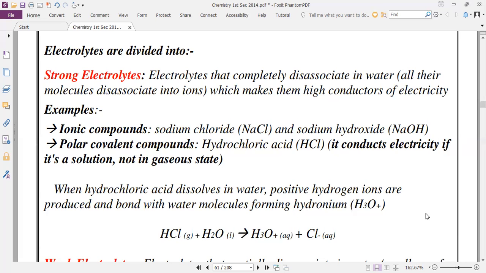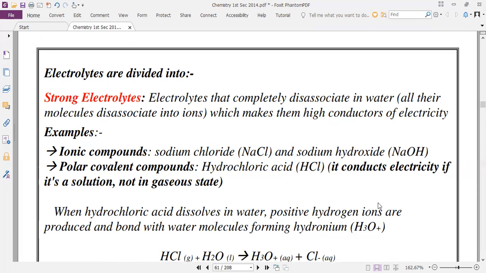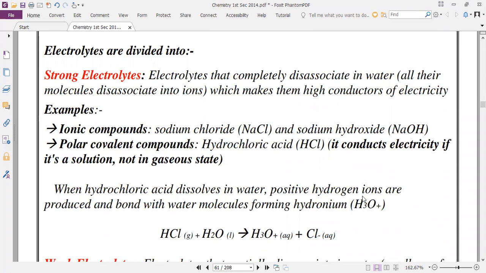Polar covalent compound hydrochloric acid HCl conducts electricity if it's a solution, not in the gaseous state. When hydrochloric acid dissolves in water, positive hydrogen ions bond with water molecules forming hydronium H3O+. HCl plus H2O equals H3O+ plus Cl-. Excellent.